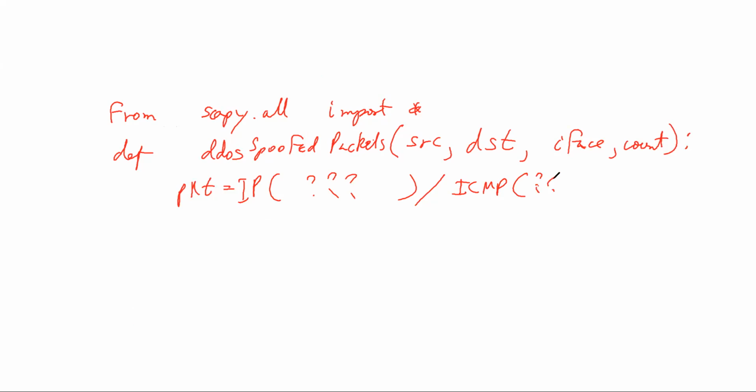So set up the appropriate fields based on the signature, and then the raw, which is the load. Let's say 1, 2, 3, 4, whatever, that also comes from the signature. These parameters are the ones that come from the signature, because you want that packet to be detected and trigger the alert.